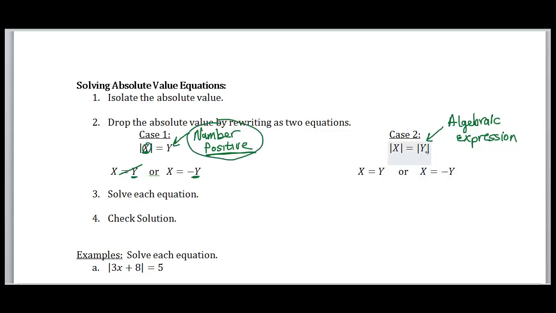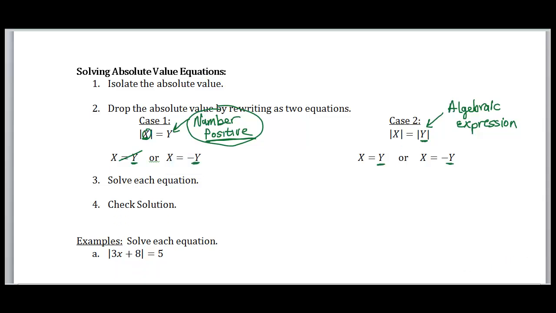So when I have the absolute value on both sides, that means I have an algebraic expression on both sides, and I still do the same thing. I drop my absolute value by rewriting my two equations, setting it equal to the positive of what's over here and setting it equal to the negative of whatever's over here. Once I do that, I have two equations that I need to solve. I'll solve both of those equations, and then I can check my solution.